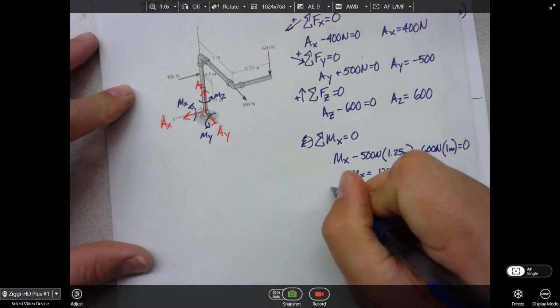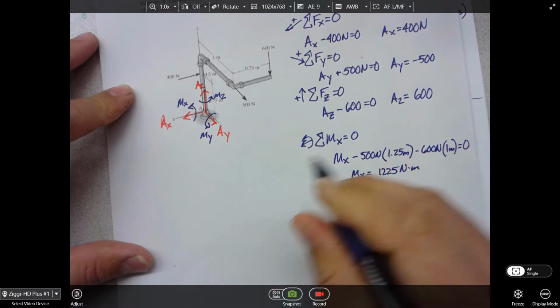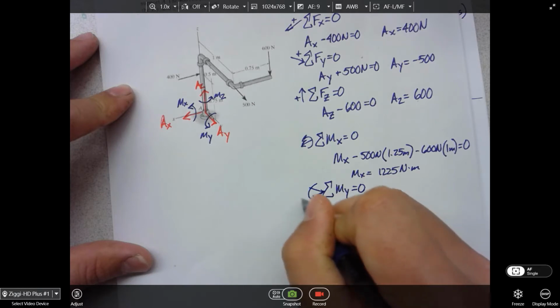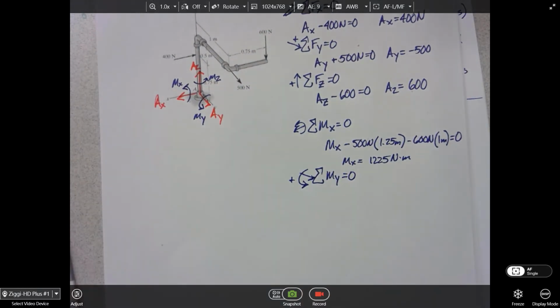So how about you do sum of the moments in the y direction equals 0? I think there's going to be two forces.